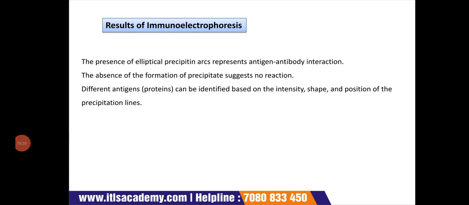Now, let's talk about the result. The presence of elliptical precipitin represents the antigen and antibody interaction, how antigen and antibodies interact. The absence of precipitate formation suggests no reaction. Different antigens, that is proteins, can be identified based on the intensity, shape, and position of the precipitation line.